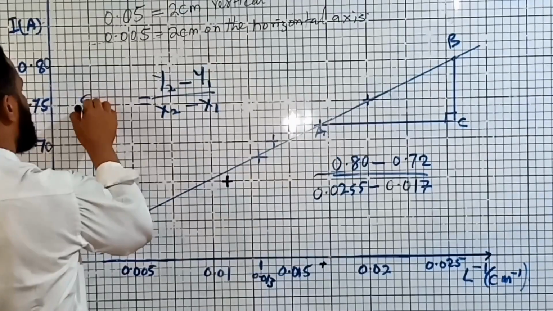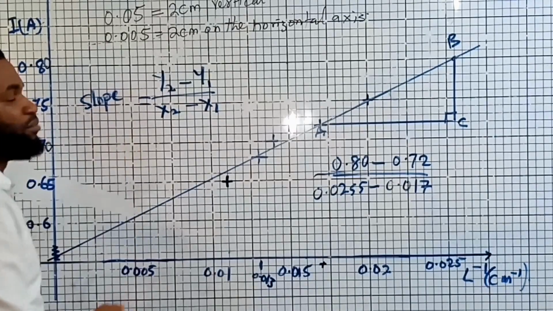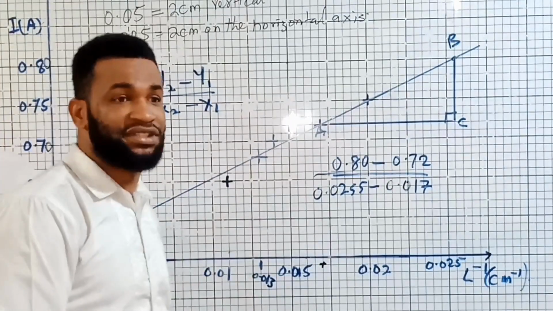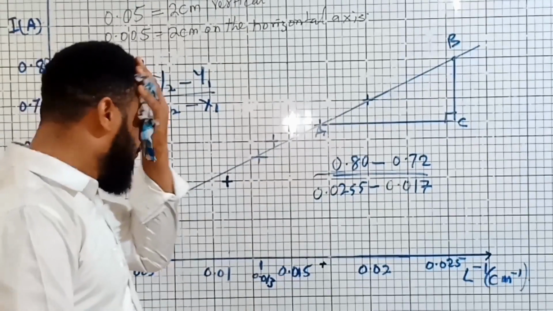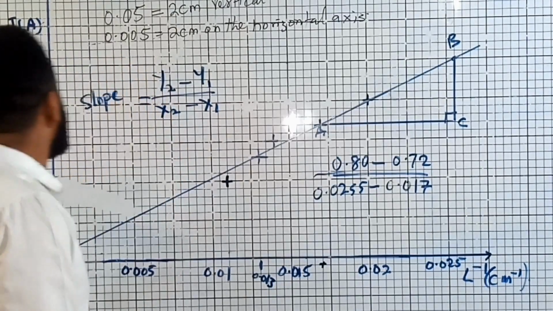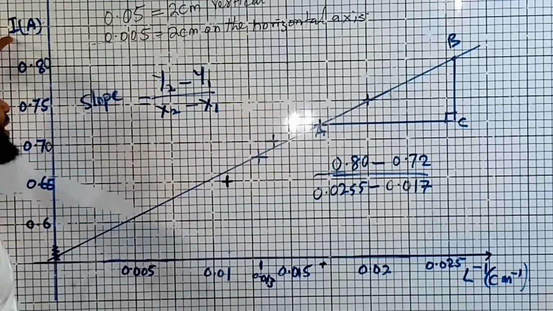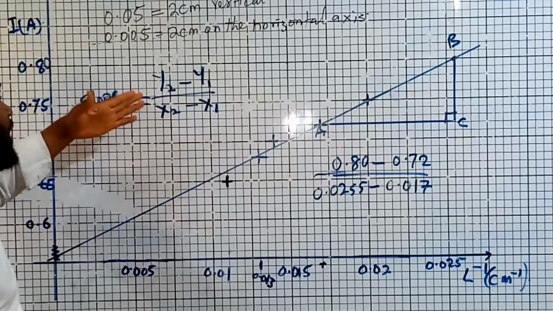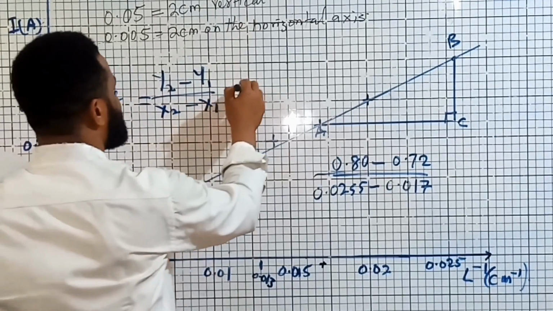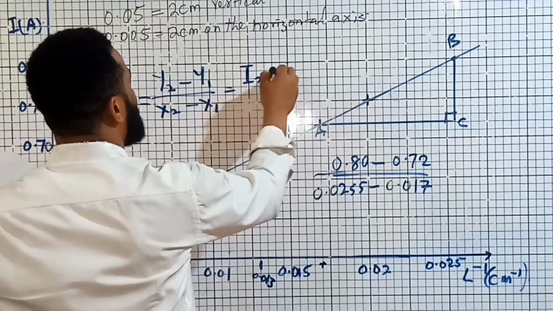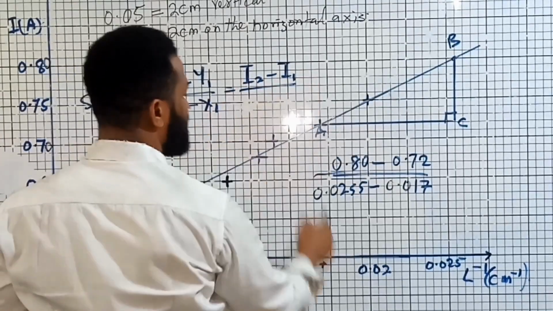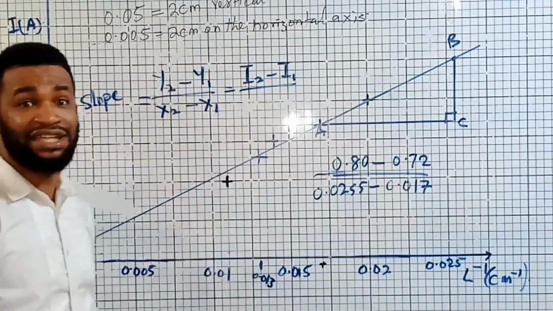So if you look at the slope, this is not a maths graph, this is a physics graph. Physics graph in the sense that on the vertical axis what I've plotted is I, I'm not plotting y, I'm plotting I. So it's going to be I2 minus I1 all over what I'm plotting on the horizontal. I'm plotting L inverse.